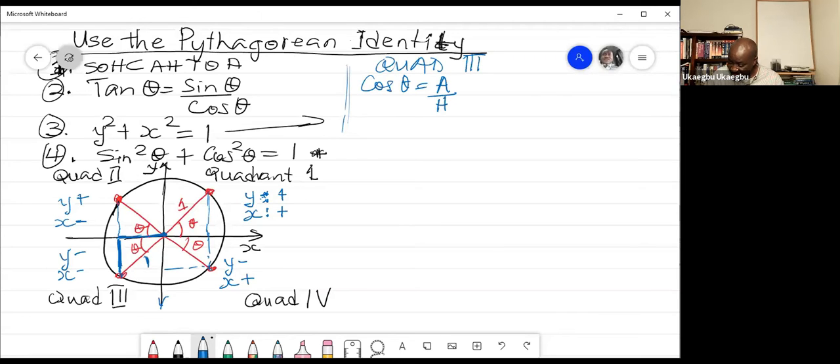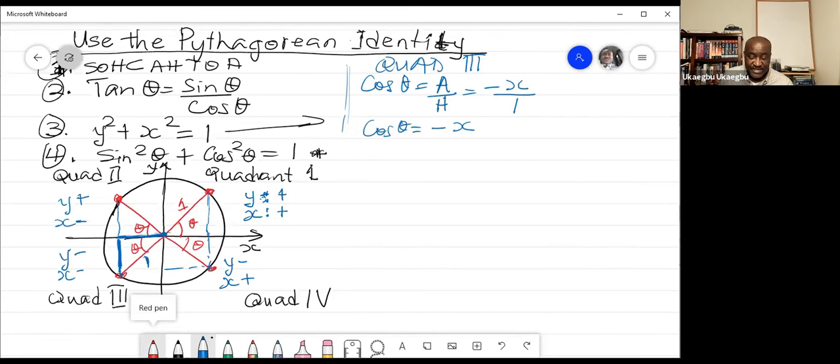So the adjacent is negative x. So you have negative x over the hypotenuse, which is 1. So cos theta is equal to negative x in the third quadrant. In the third quadrant, cos theta is negative.